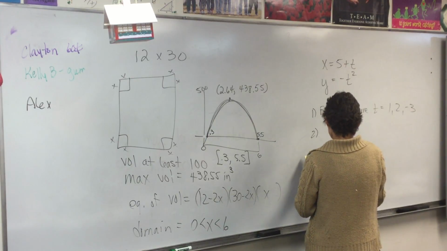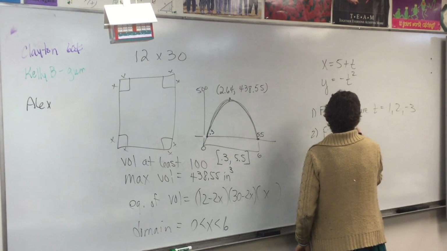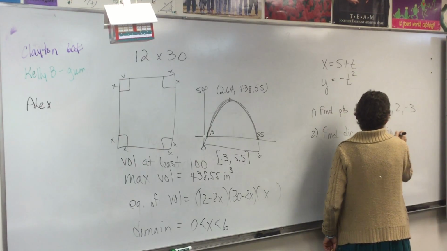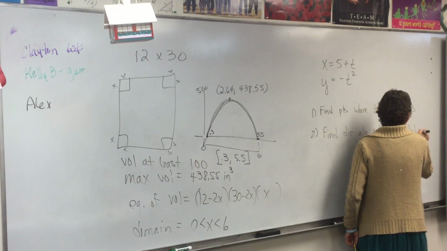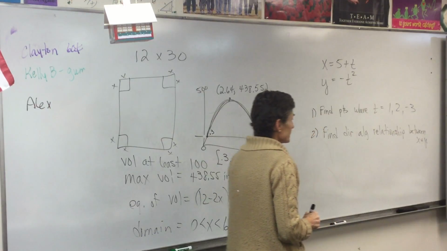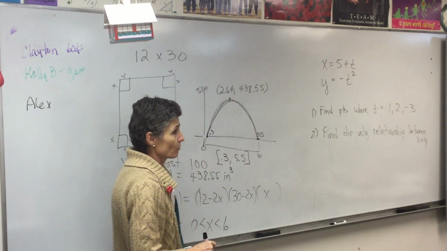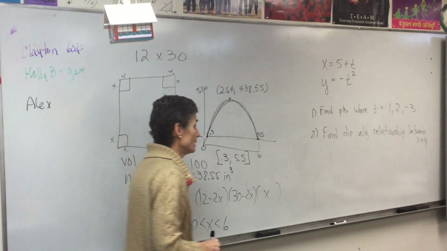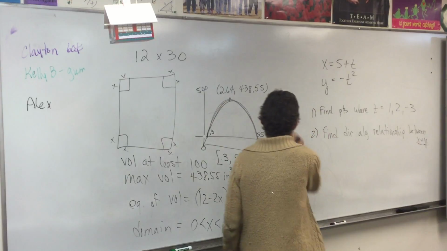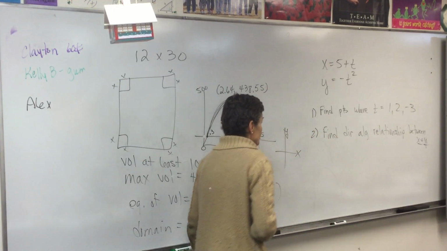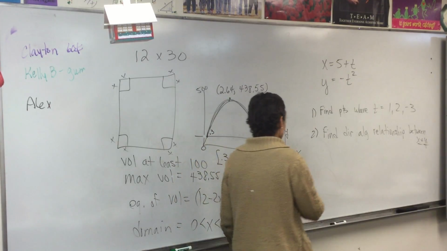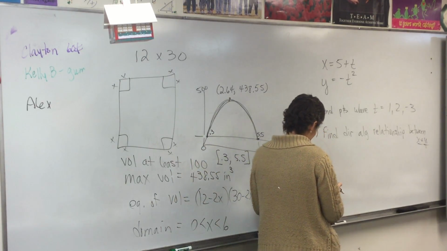And then I want to find the direct algebraic relationship between x and y. We noticed yesterday that this question is asked on the review sheet as write the Cartesian equation. Anytime you're talking about x and y, you're talking about the Cartesian coordinate plane. So find the direct algebraic relationship between x and y means write the Cartesian equation and sketch it.